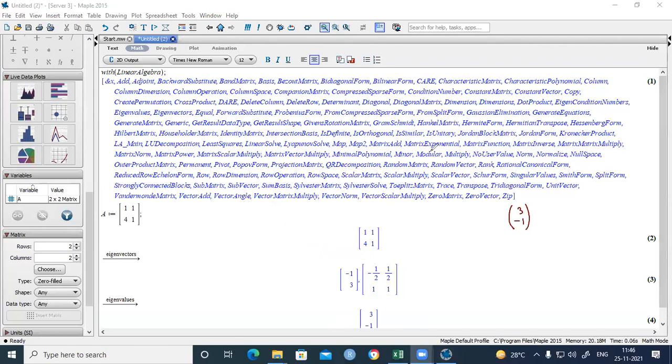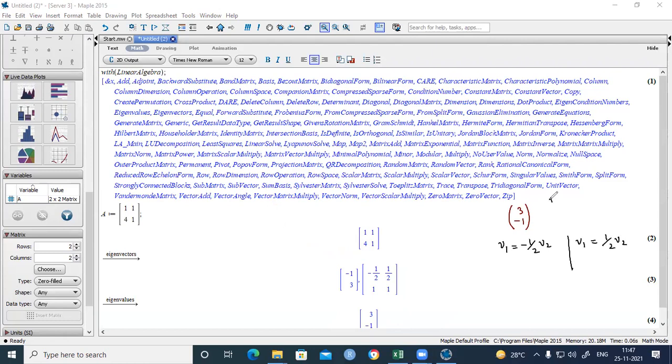Now we want to connect the result with the software. What did we get in the calculation? In the calculation we got, at one stage, V1 is equal to minus half V2. And at another stage, we got V1 is equal to half V2.